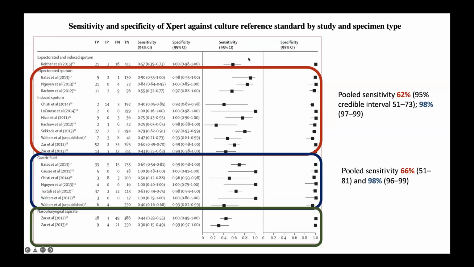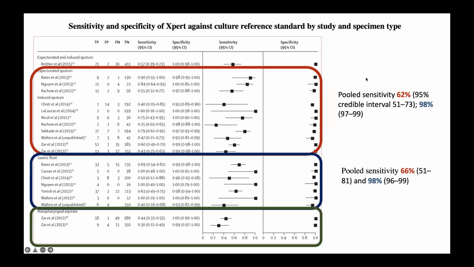And you do see the sensitivity looks to be somewhat higher, so as you approach 1, it's higher. And then we do see for gastric fluid, and we see this in nasopharyngeal aspirate, not too good. Specificity is pretty high for all of these tests.